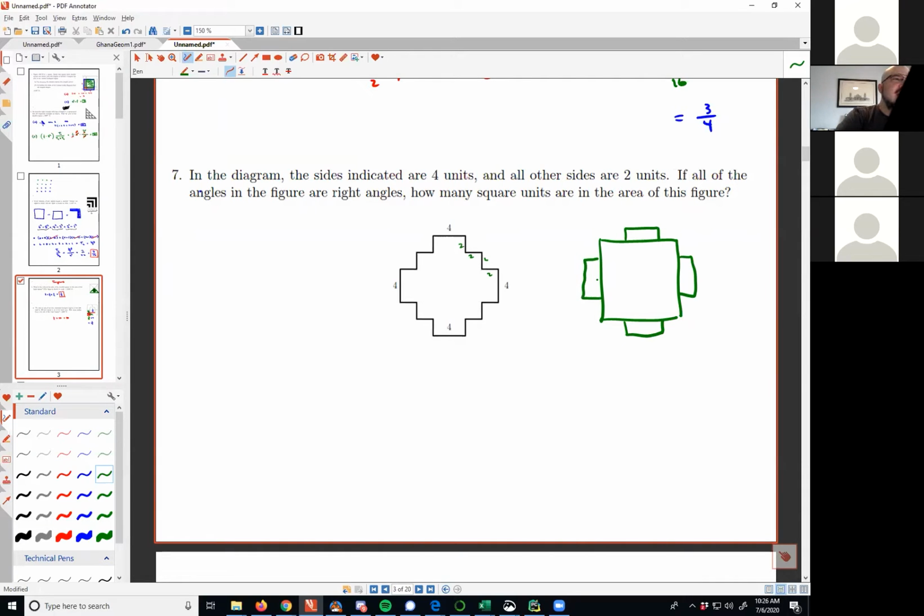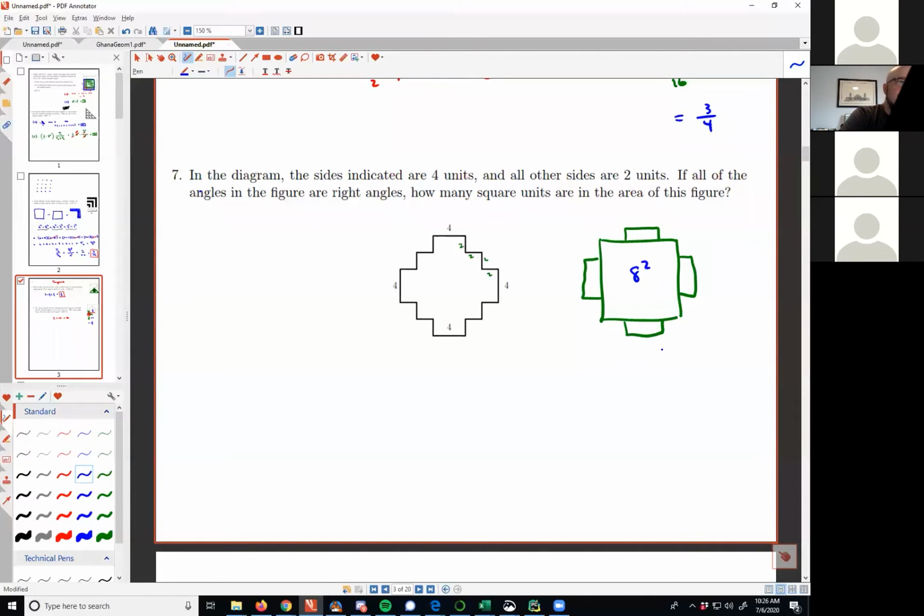And then what is the area that you get when you do that? So the square in the middle, the side of that square would be 2 plus 4 plus 2, which is 8. So the area of that square would be 8 squared. I concur.